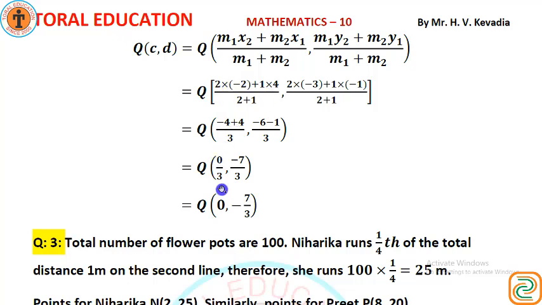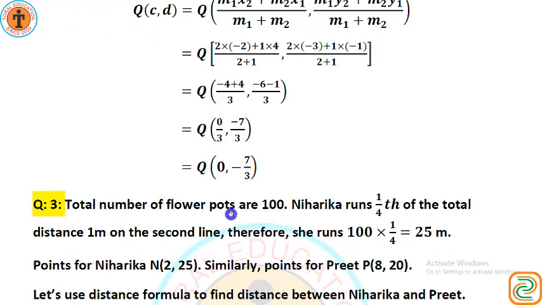Here we have got 0 upon 3 and -7 upon 3. 0 upon 3 is 0, and -7 upon 3. These are the coordinates of point Q, which divides line segment AB in the ratio 2:1.